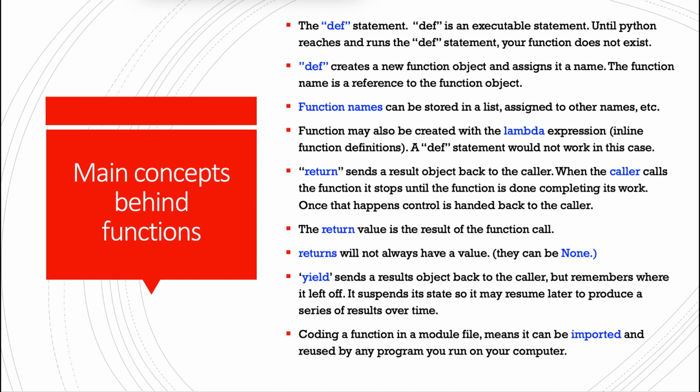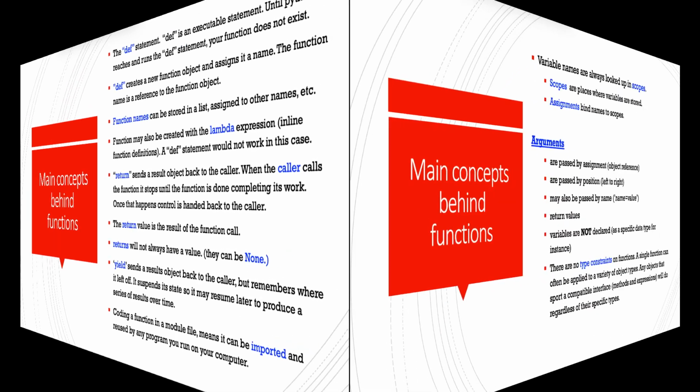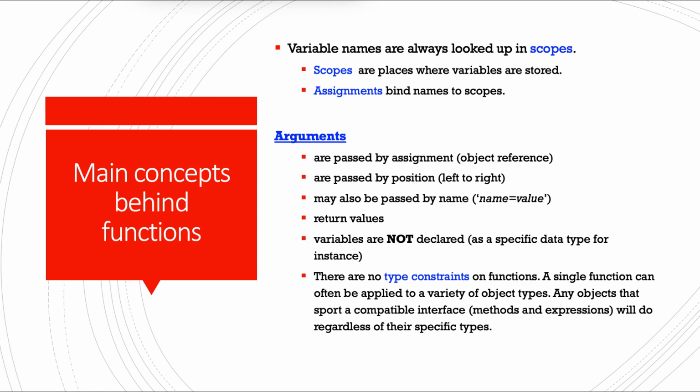Yield sends a result back to the caller, but remembers where it left off. It suspends its state so it may resume later to produce a series of results over time. Coding a function in a module file means it can be imported and reused by any program you run on your computer. We'll continue with some of the main concepts behind Python functions.